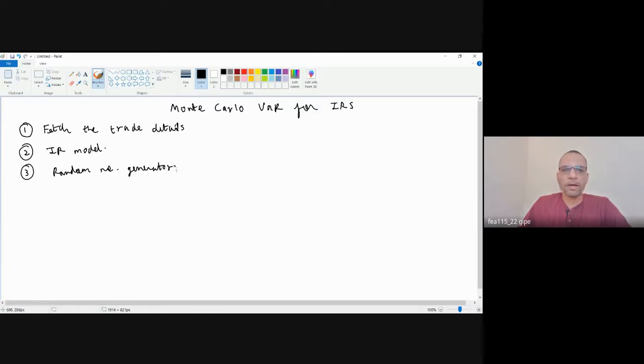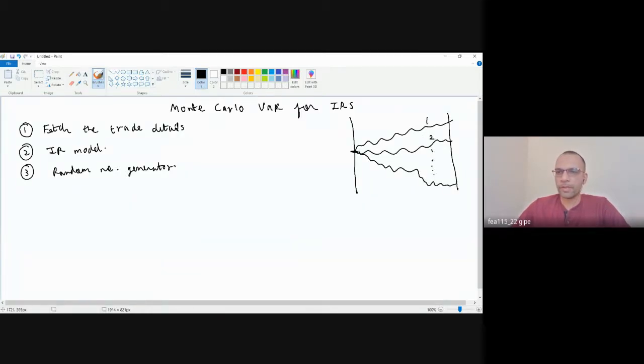Now, why we require a random number generator is because we are essentially trying to do something like this. Let's say I'm standing here today, and from today, I am trying to simulate various interest rate paths. Let's say 1, 2, up till n.